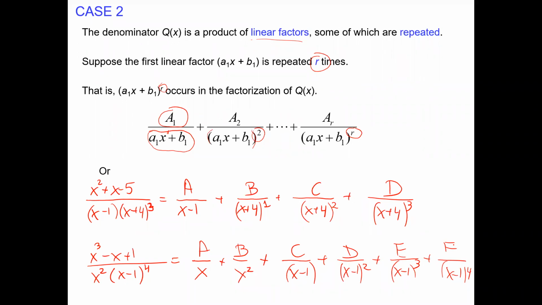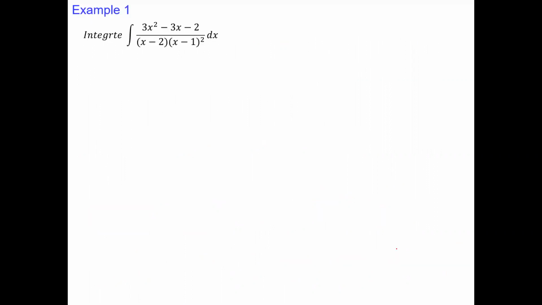Okay, and now it will be much easier to integrate. However, finding the coefficients A, B, C, D, E, F requires a little bit of pre-calculus, a little bit of algebra. Okay, let's integrate example number 1. 3x squared minus x minus 2 all over (x minus 2) times (x minus 1) squared.